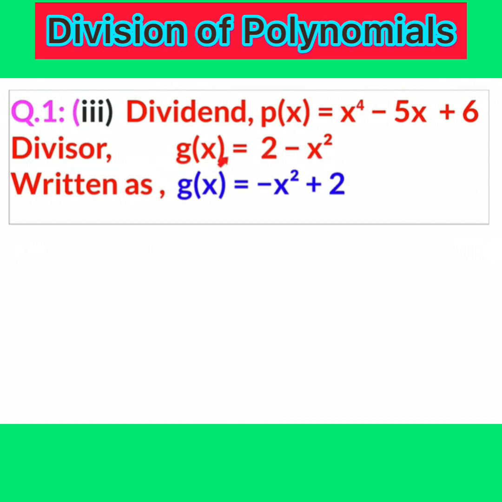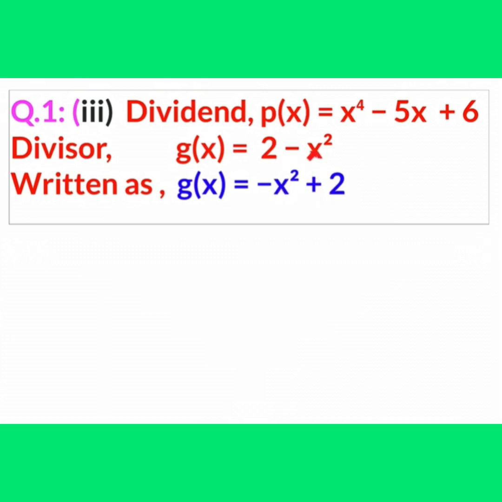So dear, this divisor can be written as, that is minus x square plus 2. Okay, minus, this is the negative term, so first of all you will write the variable and with sign, minus x square plus 2. So no problem. Now let us start how can we solve this question.